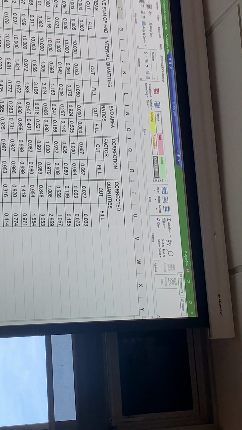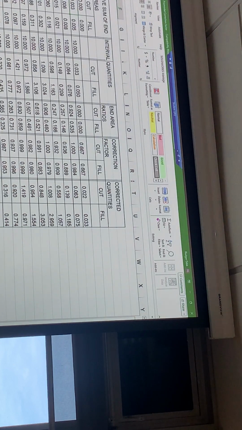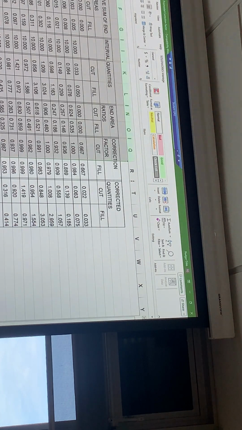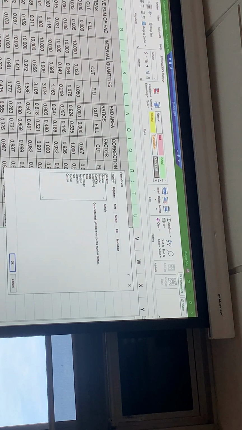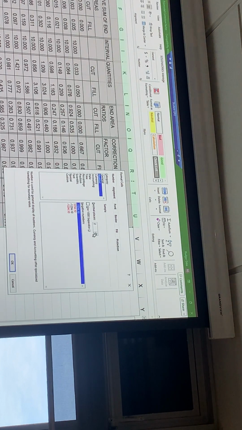What is the average sum? Well, the average sum is also always thinking about the one before and the one after. So just in case it's a bit confusing, and you would probably do this yourself, right click on that and go format cells, go to number and then go to 3 decimal places.